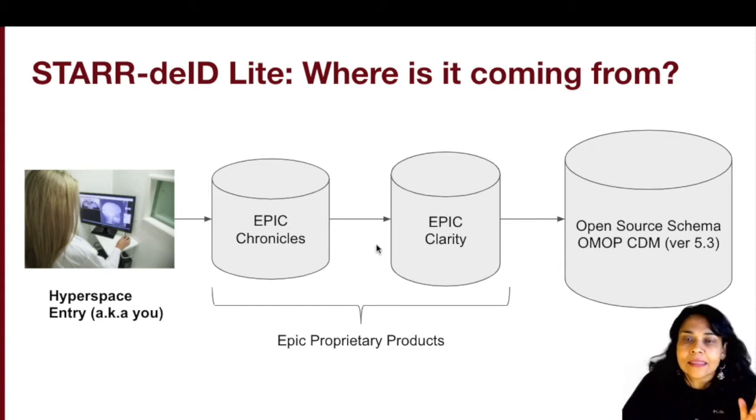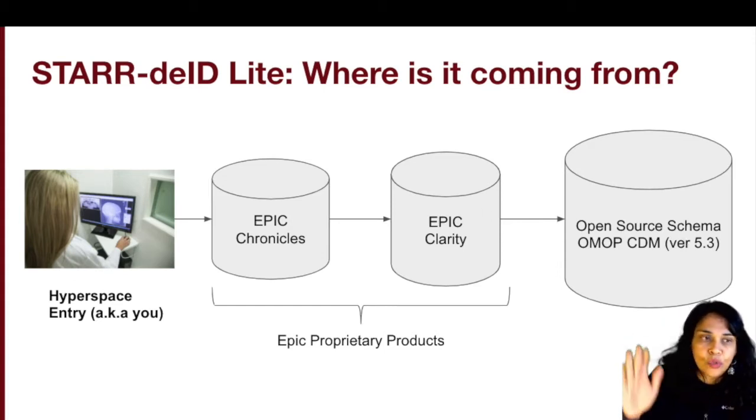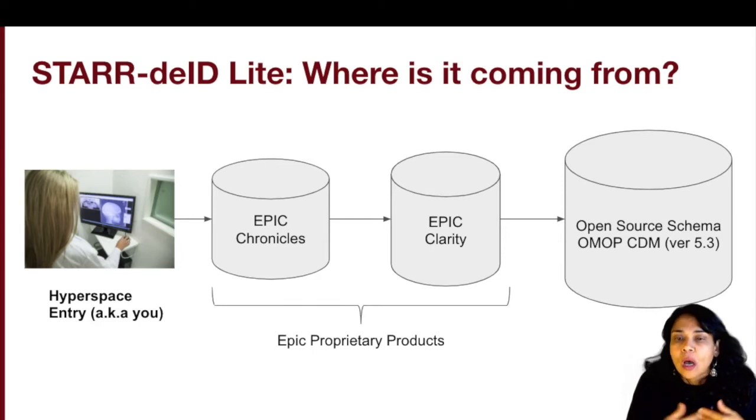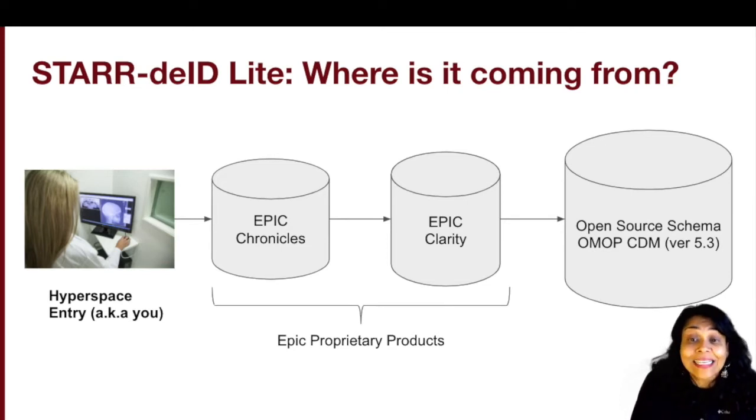One is that this Hyperspace portal allows you, the clinician or anyone who has access to Epic, to access data that may reside outside of Epic's EMR records. So for example, as a physician, you can access a patient's x-rays or pathology slides or CT scans, but these data types typically do not reside in Epic Chronicles.